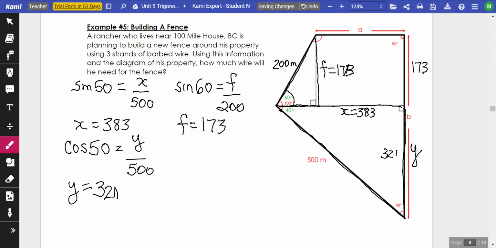And then now I know the total of the length of B, which is 321 and 173. Now the last piece is I need to find this right here, this side here. I'm going to call it D. And that's the adjacent side, so that's cosine 60 equals adjacent over 200.